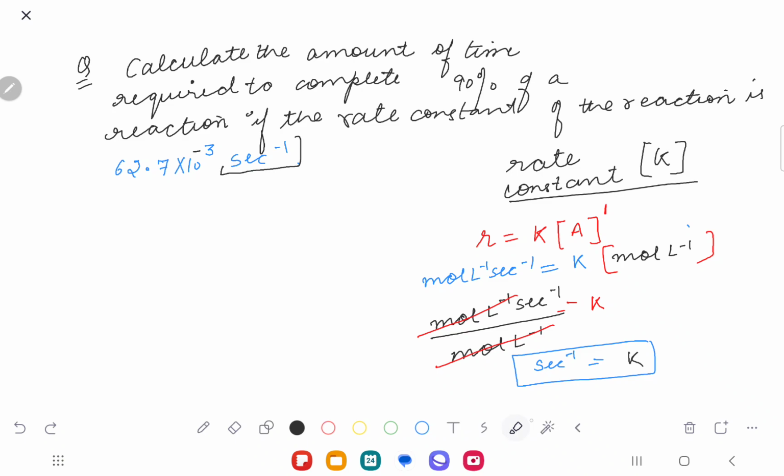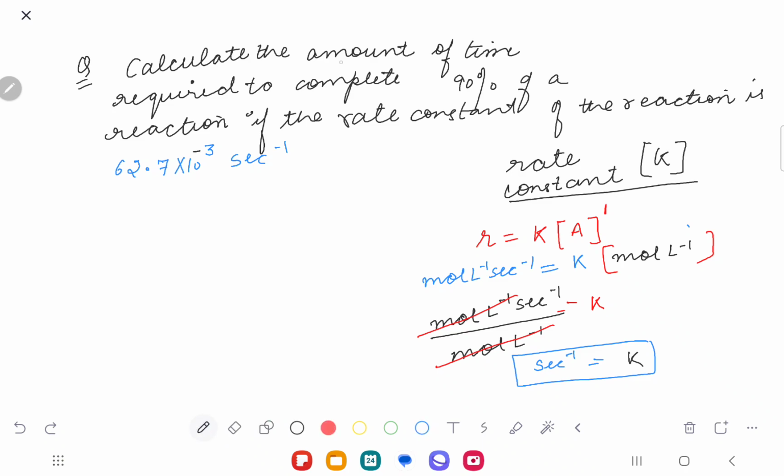So just have a look at the unit of K here. Isn't it seconds inverse? Yes, ma'am. So this unit of K itself tells me that it is going to be a first order reaction. It could be simply minute inverse, it could be simply hour inverse, it could be anything. You understand my point? Yes, ma'am.